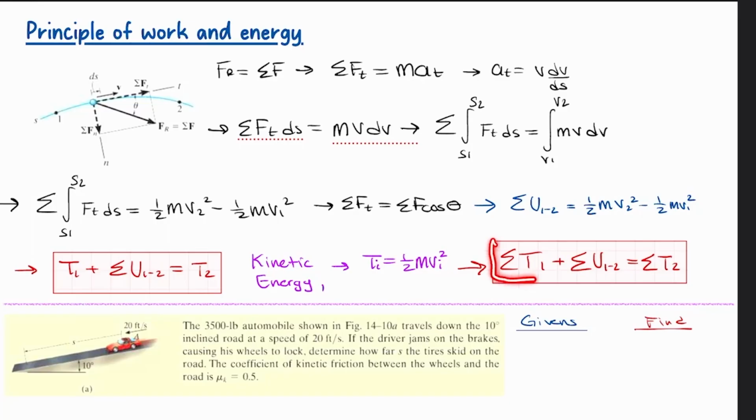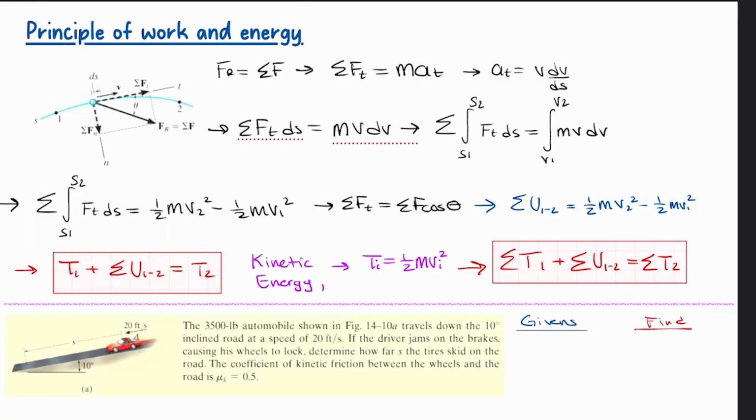If you have several objects or several particles that deal with kinetic energy, we can do this: the summation of kinetic energies at state 1, because it can be multiple objects, plus the summation of work equals kinetic energy 2.